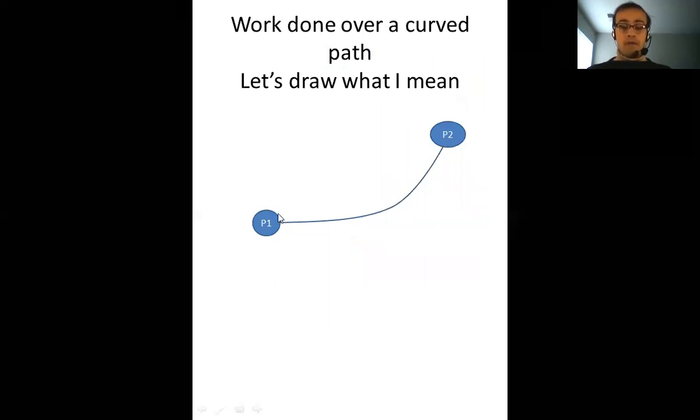So let's say that we have a particle that is moving along this curved path from position 1 to position 2. And let's say that we have a force vector which is consistent in both cases. In both cases, the force is pointed this way.